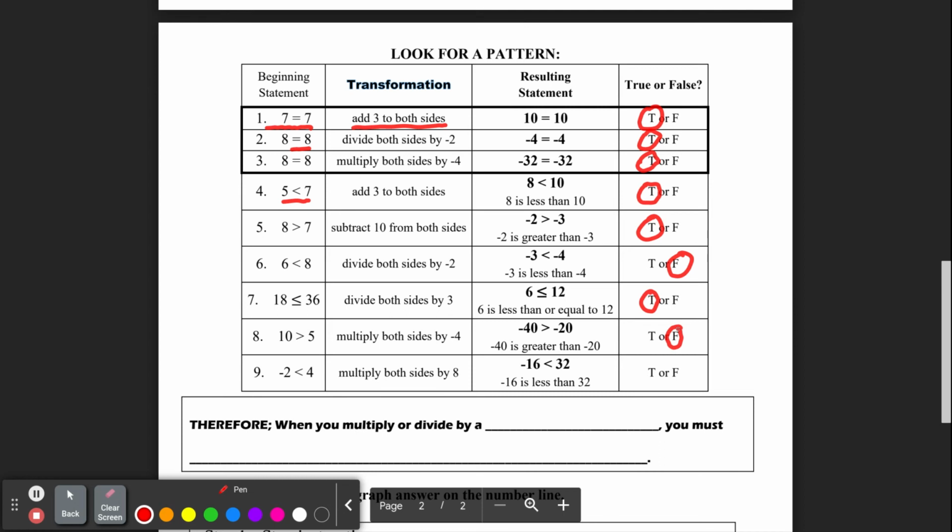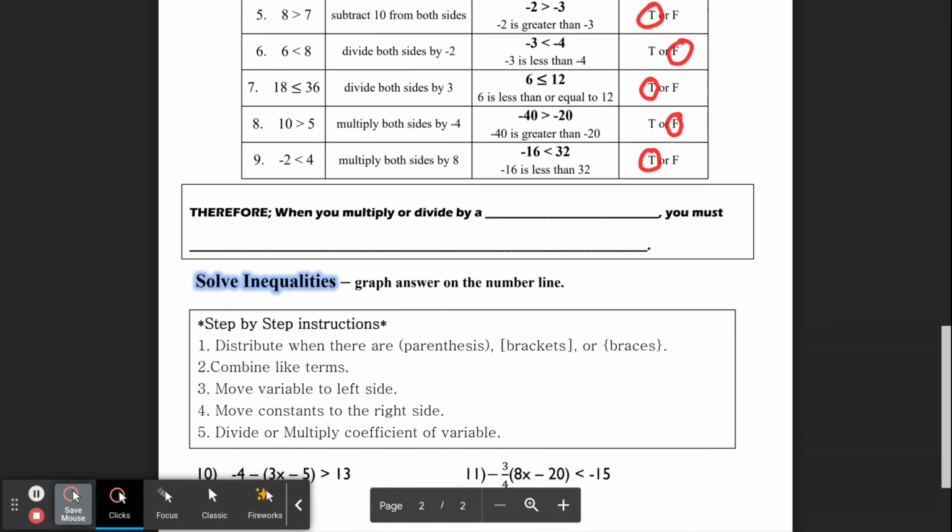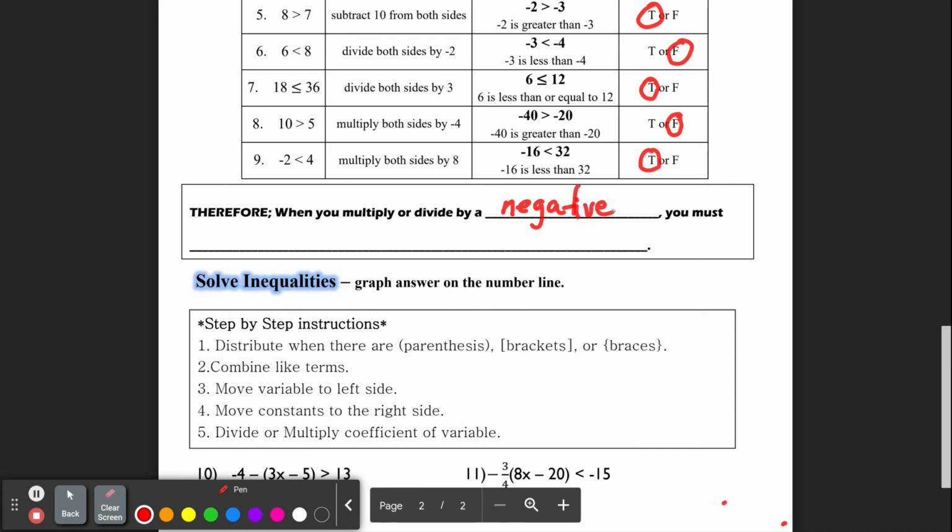Number 9, negative 2 is less than 4. If you multiply both sides by 8, negative 16 is less than 32. Well, a negative is less than a positive. So this is a true statement. So what we need to summarize here, therefore, is that when you multiply or divide by a negative, you must flip the inequality symbol.